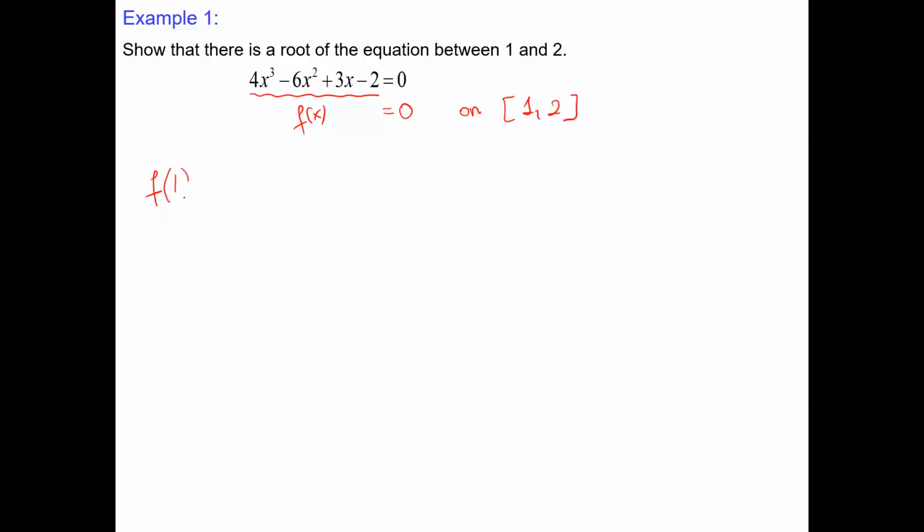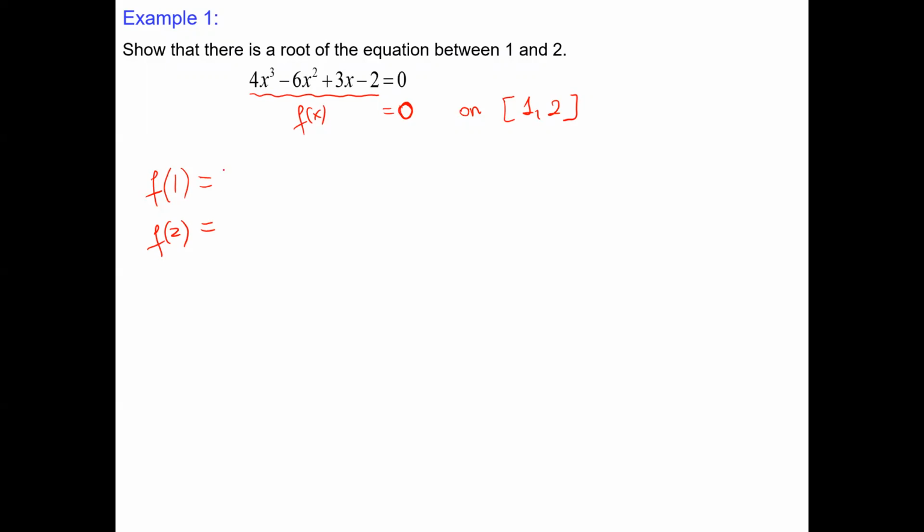What we can try to find is the corresponding value for 1 and the corresponding value for 2. I'm really hoping that one of them will be positive, one of them will be negative, meaning one will be above the x-axis, one will be below the x-axis, and 0 will be our n value, the horizontal line. That will be the guarantee.